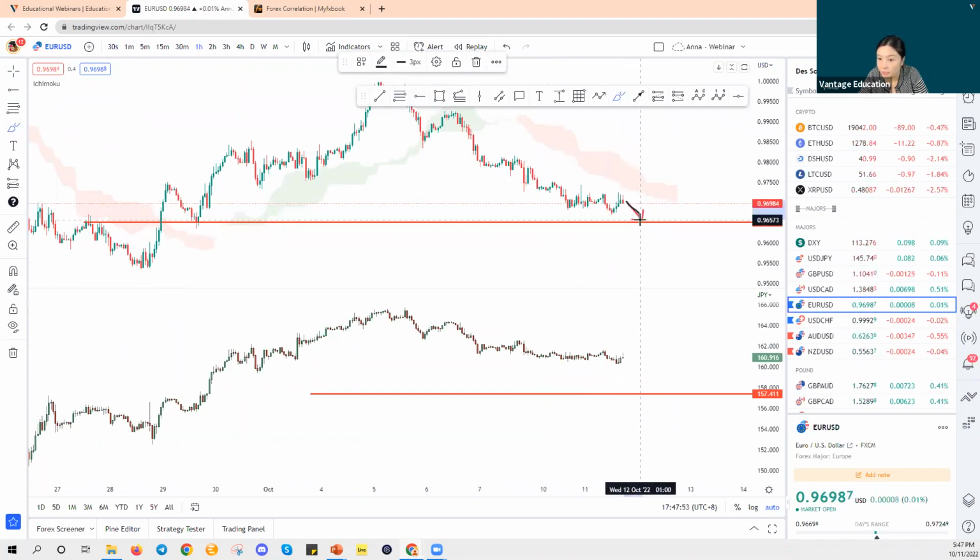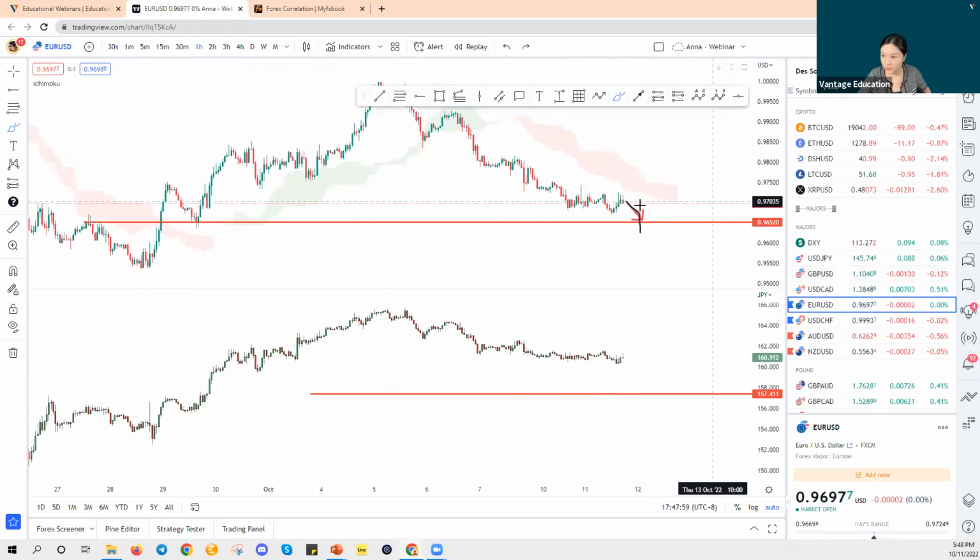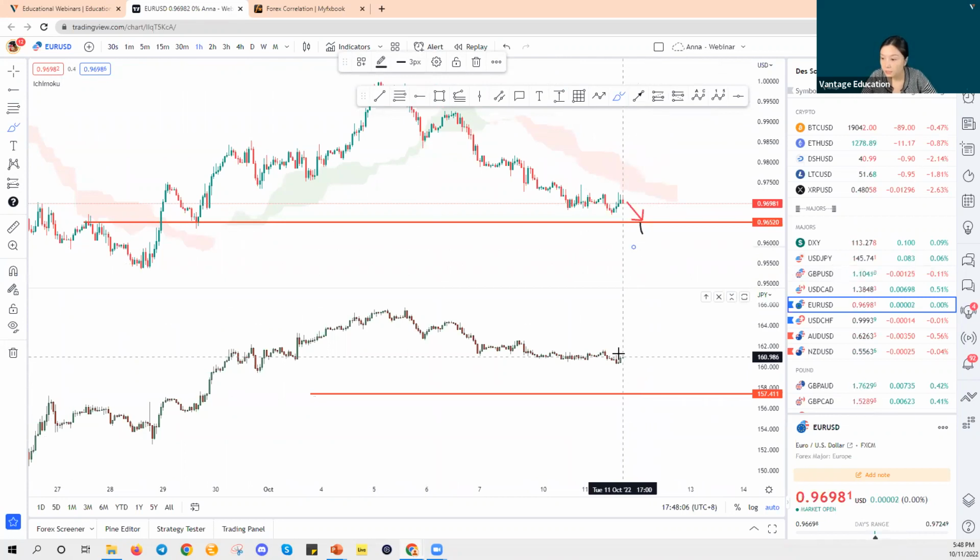Price came down here and then it breaks out maybe at one candle. Okay, my drawing is horrible. It breaks out here, one candle. And then here it's slow to react and it's ranging. You don't have to worry, because if there is a breakout, sometimes it takes time.